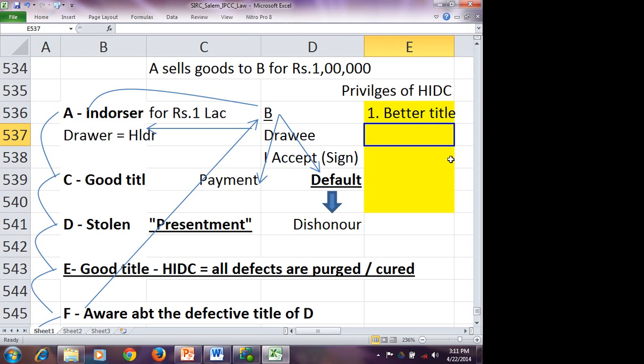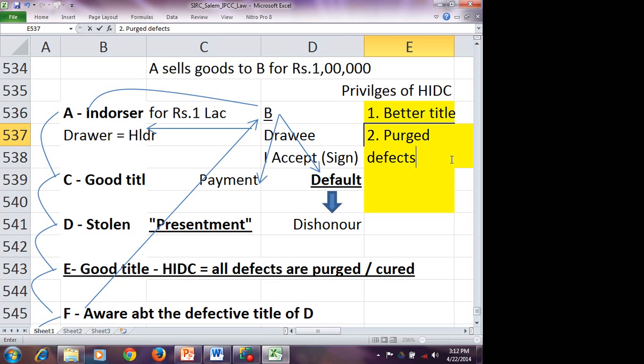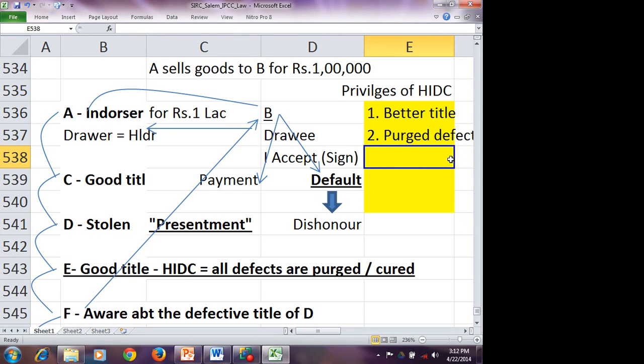You always get a better title than the transferor. The transferee's title, being a holder in due course, is a better title than the transferor's. Then defects are purged from all defects, which means any person who gets the instrument from a holder in due course also gets a better title to the instrument.